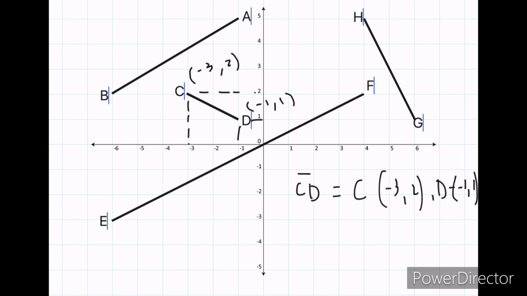And now we can identify the midpoint of line CD. Let's say this is our midpoint.